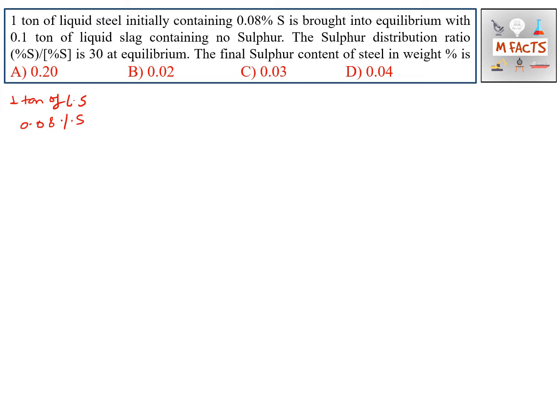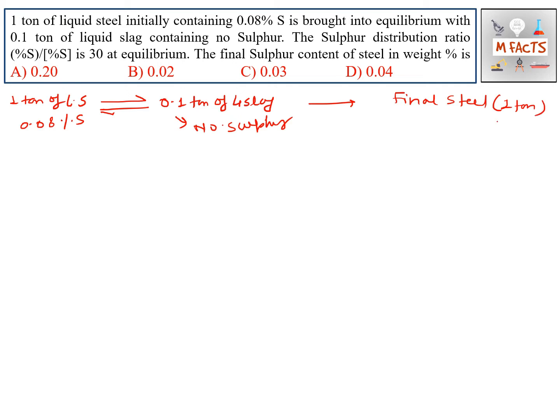This is brought into equilibrium with 0.1 ton of liquid slag, which initially contains no sulfur. After the treatment with slag at equilibrium, we will get the final steel, whose weight is also 1 ton, or 1000 kg. We need to find the sulfur content in this final steel.